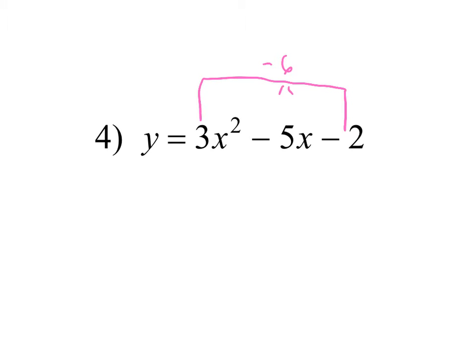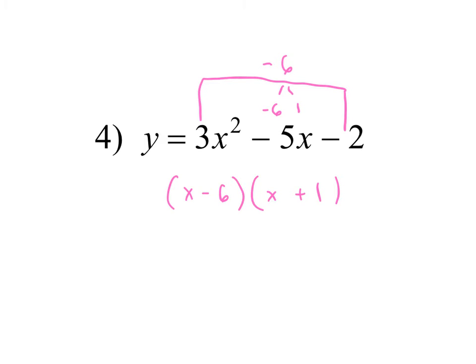And then, what are 2 factors of negative 6 that add and give us negative 5? Negative 6 and positive 1. Perfect. So in our parentheses, we're going to put x minus 6 and x plus 1.